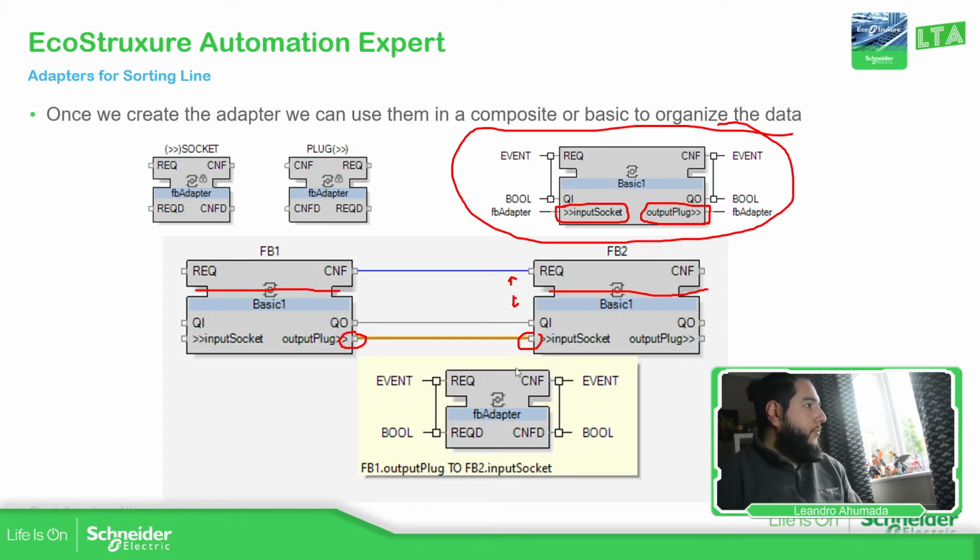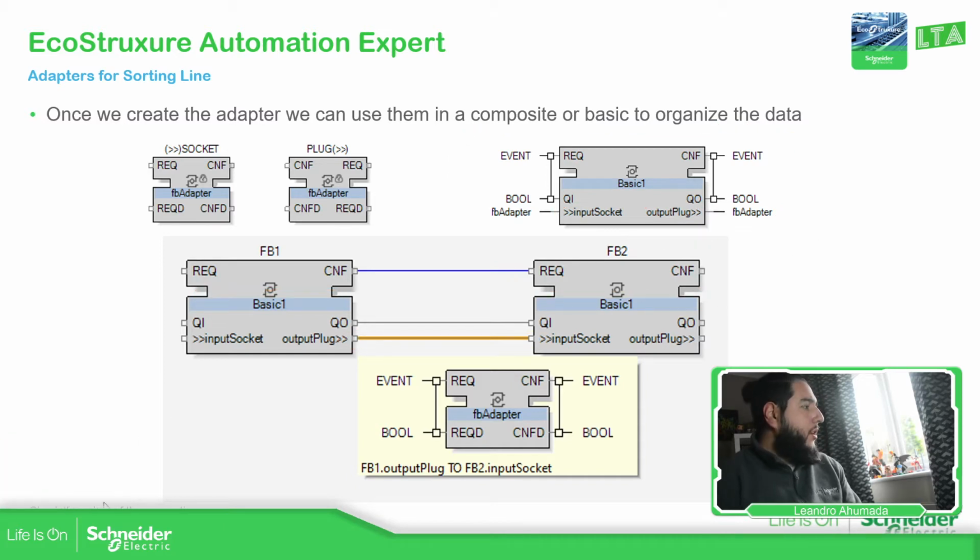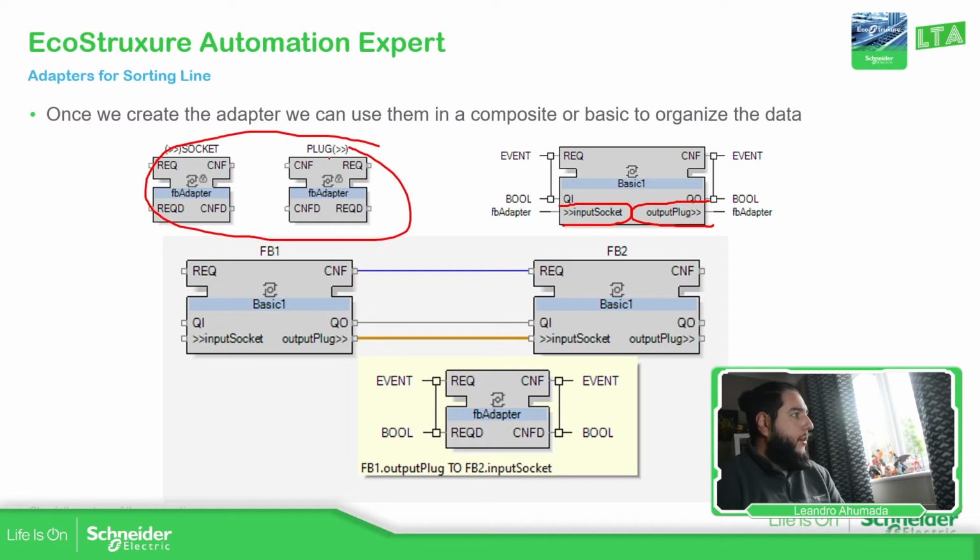So here, let me click on the slide. Here I have a function block, CAT, and in this CAT there is configured an input for socket and an output for a plug, and this adapter has this information for socket and plug.